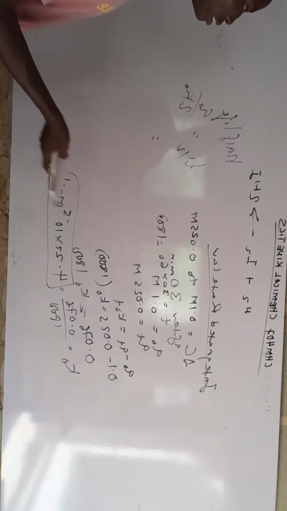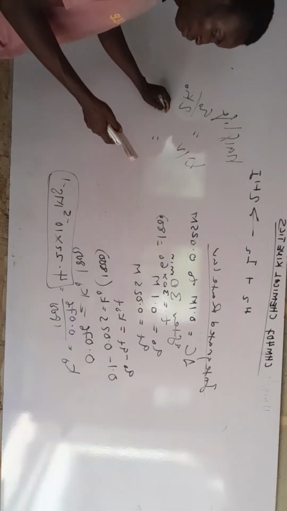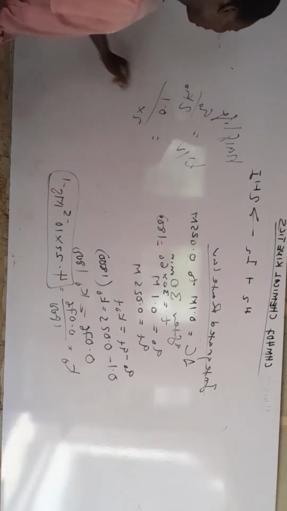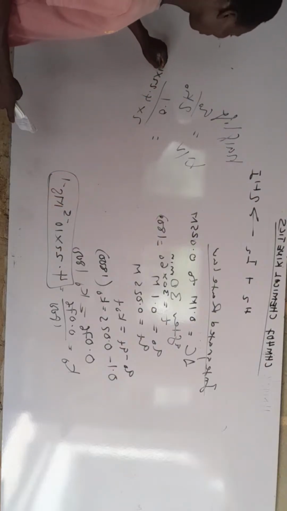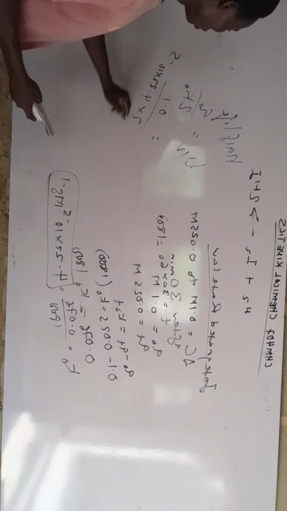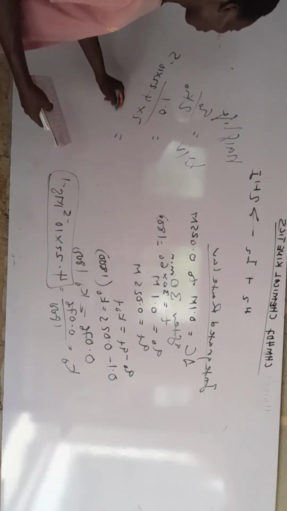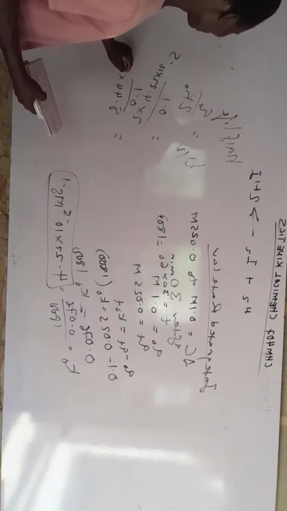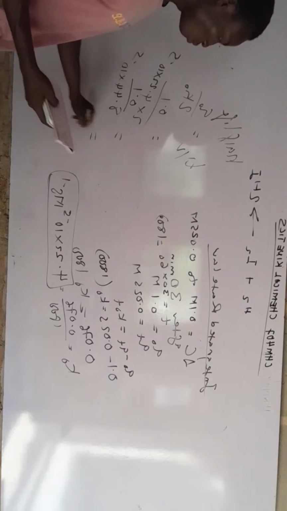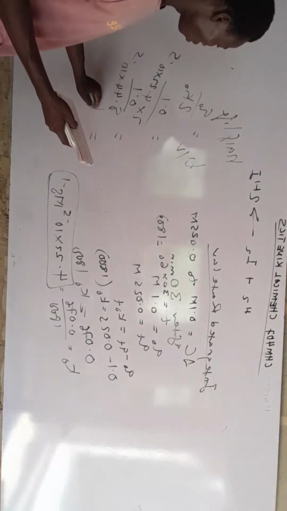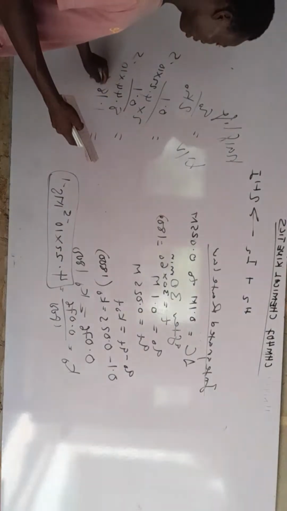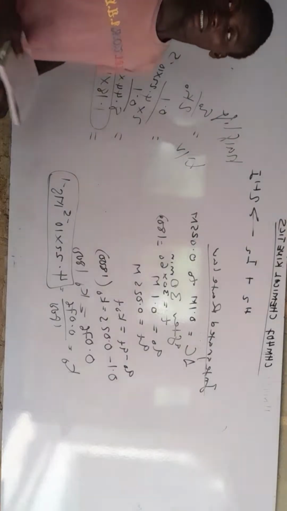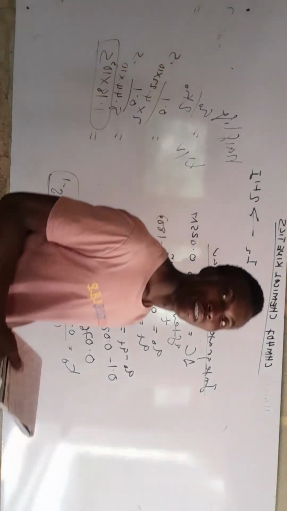Our A naught is given to be 0.1. That is 0.1 over 2 times our K, which is 4.22 times 10 raised to the power -5. So eventually, 8.44 times 10 raised to the power -5 will give us 1.18 times 10 raised to the power 3 seconds. That is exactly what we have there.